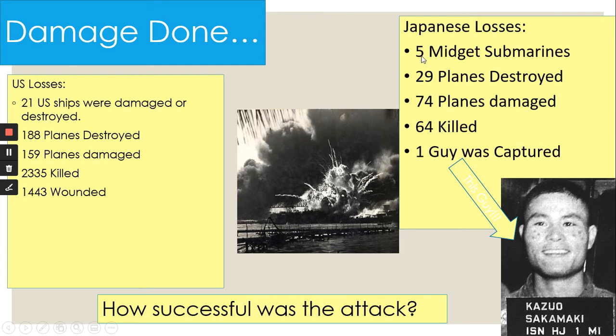They only lost 5 small submarines, 29 planes were destroyed, 74 planes were damaged, 64 were killed, and only one of the attackers was captured. So what do you think about the Japanese attack of Pearl Harbor? Was it a good and successful attack or unsuccessful? I'll give you a minute to pause the video and answer this question here.